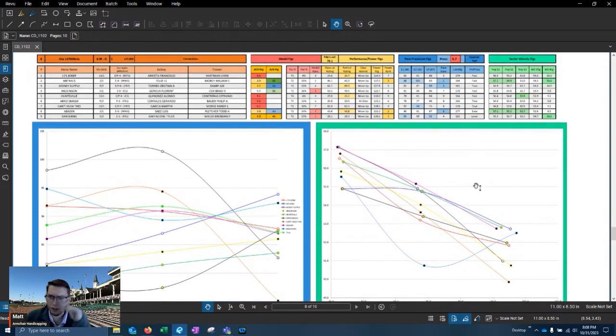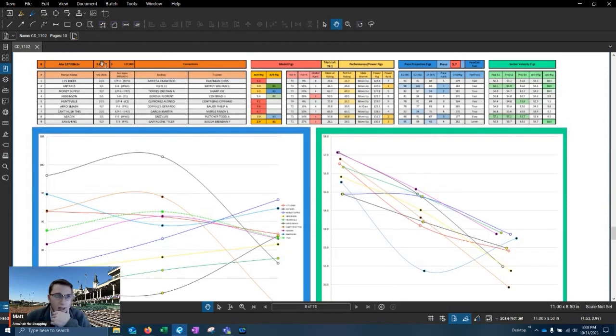So let's look at a few of these other horses. The 2 horse is a big standout in the pace. The kicker here, though, is this velocity line. Doesn't make me nervous, but I don't like to see a constant and pretty drastic drop in velocity.